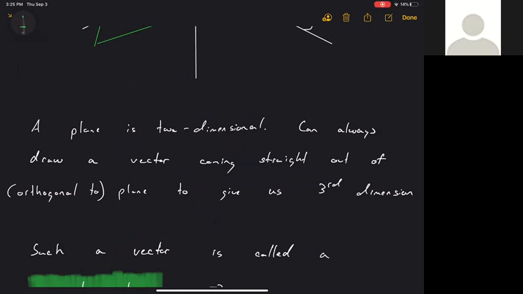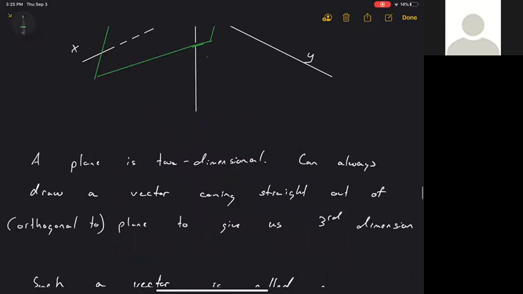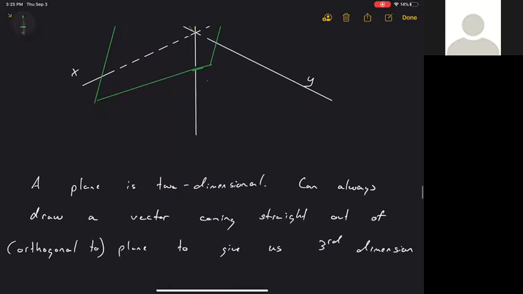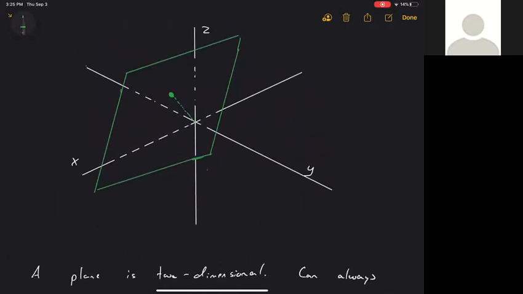A plane, even if it's inside R3, is still just a two-dimensional object. So we have this two-dimensional object in R3. This green plane makes up 2 dimensions. There's always a third dimension we can find.